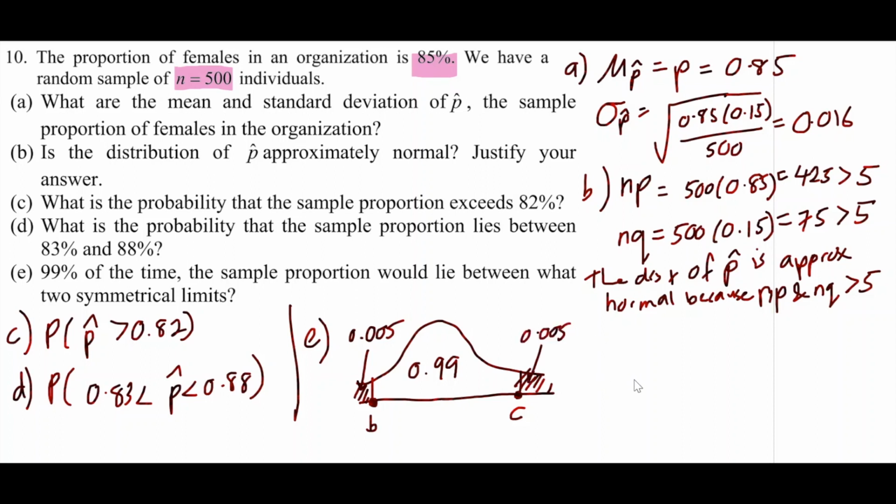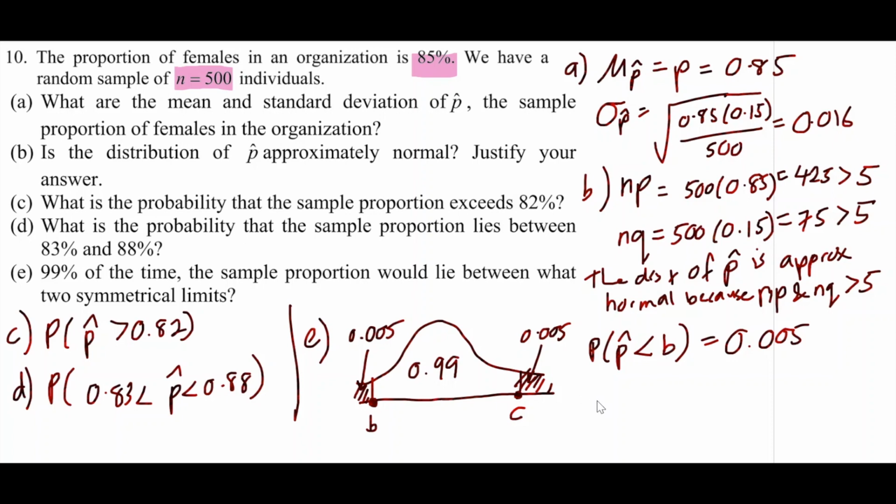So how I would solve this is by taking the probability of P hat less than B equals 0.005, and then I would be transforming this and find B from the statistical table.